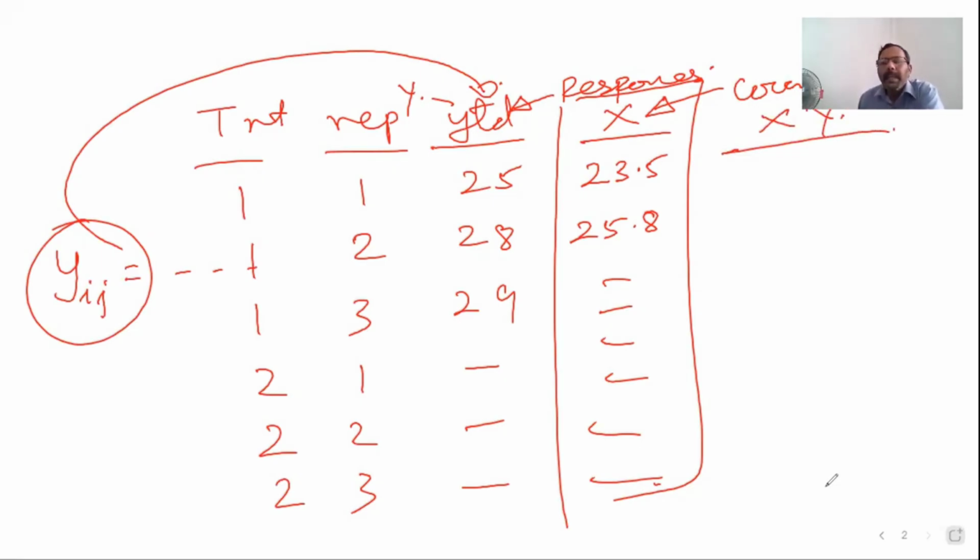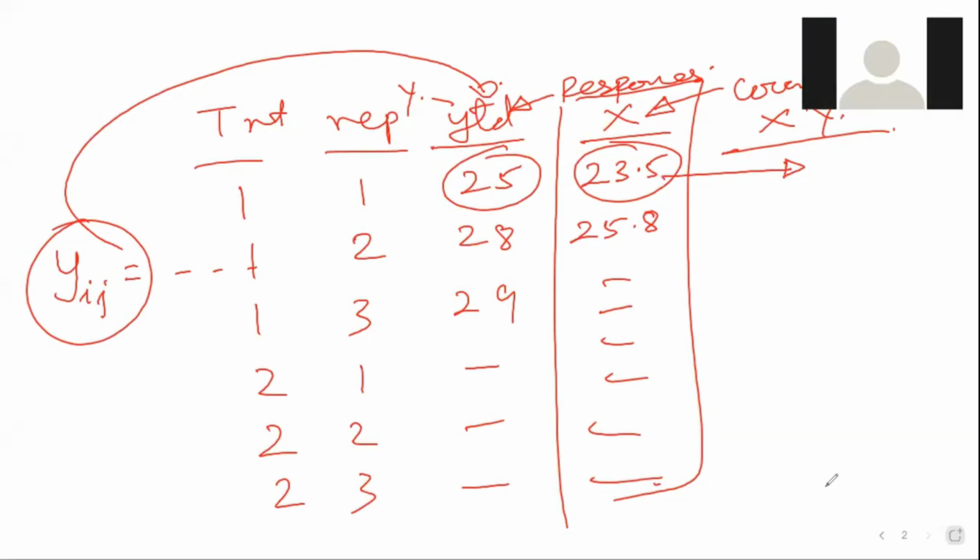It's a cross multiplication of this value and this value, so that is coming as XY. The variance of X, variance of Y, if you combine and calculate the variance, it is called as covariance. Yesterday I mentioned about this. So that is why here we are talking about covariance.